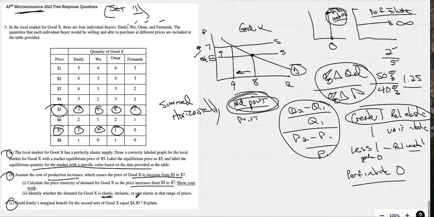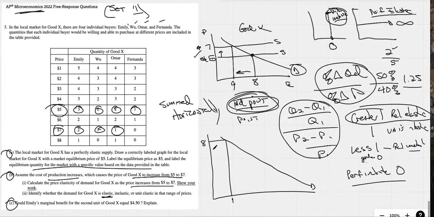Could Emily's marginal benefit for the second unit equal 450? The quick answer is no. Here's our demand. Let's see if we can make some sense of this. At $8, there's 1 unit. At $7, there's 2. At $6, there was 2 again.